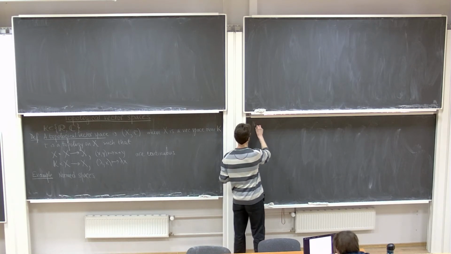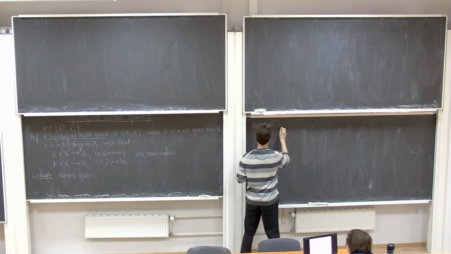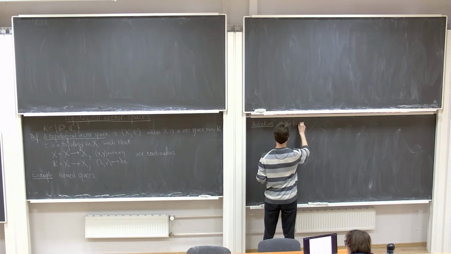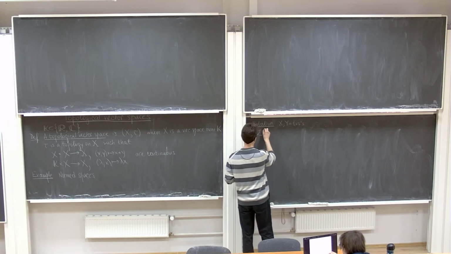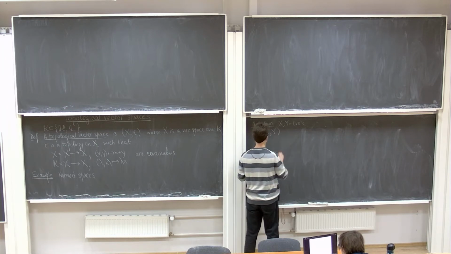So we introduce the following notation. You have 2 topological vector spaces, X and Y. And then the set of all continuous linear operators from X to Y will be denoted like this.